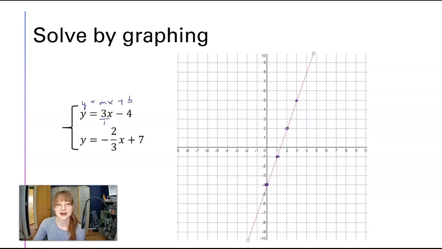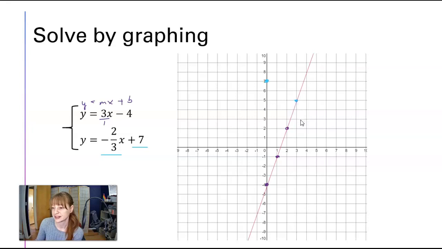Now we graph the second one pretty much the same way. Maybe I'll choose a different color though. The second one we'll do in, how about blue? So we're going to have a y-intercept of 7. And now we have a slope of negative 2/3. So that means we're going to go down 2, right 3. Down 1, 2, right 1, 2, 3 here.